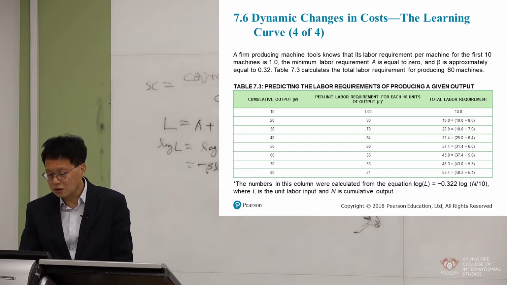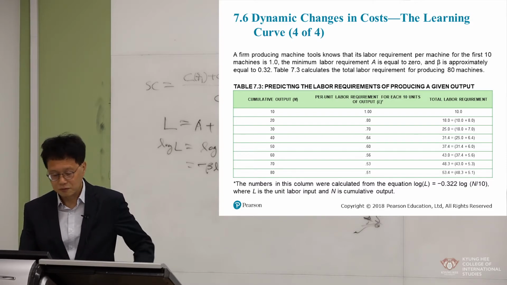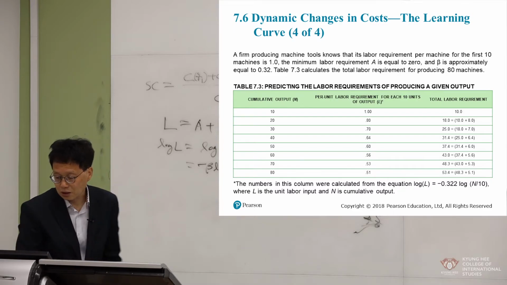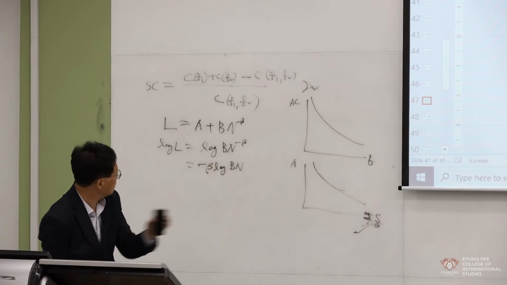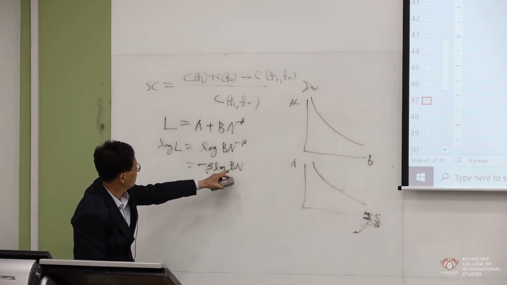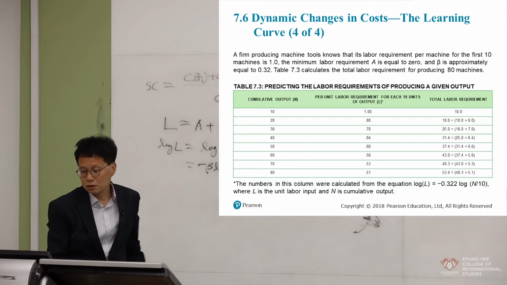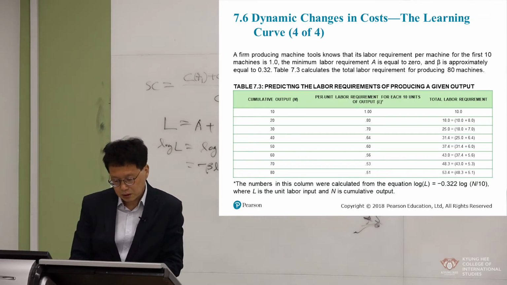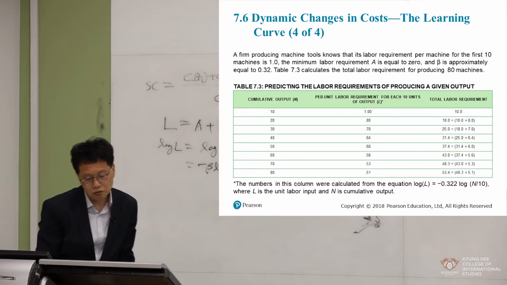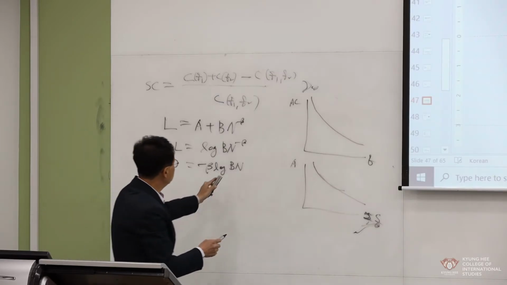The numbers in this column are calculated from the equation. Log L is, for example, here, n is 10 in this example, right? So from here I said n, and B is 1/10. Now think about B equal to 1/10.